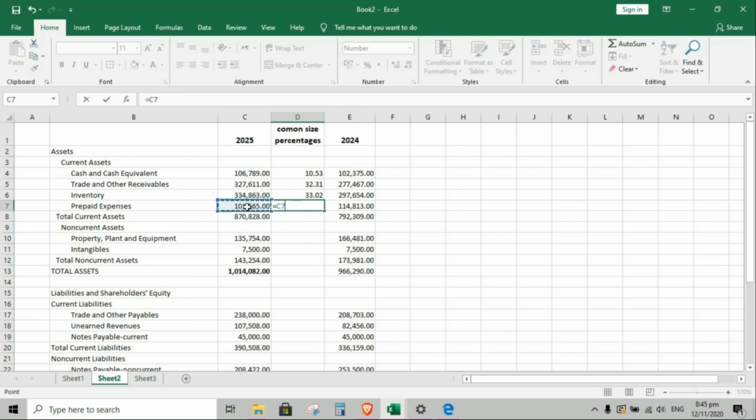Next, prepaid expenses divided by total assets times 100. Total current assets divided by total assets times 100. Okay. And so on and so forth. So, yun lang yung process ng pag-compute.